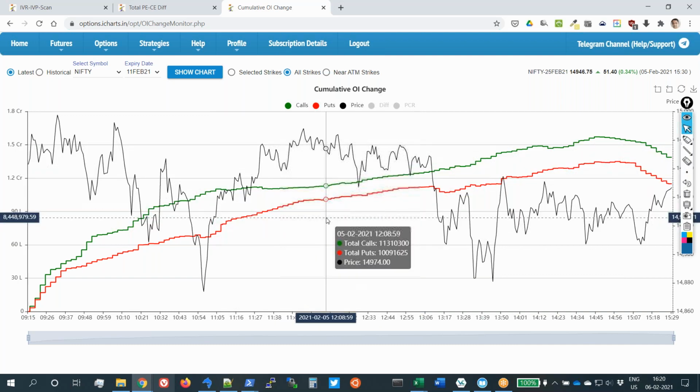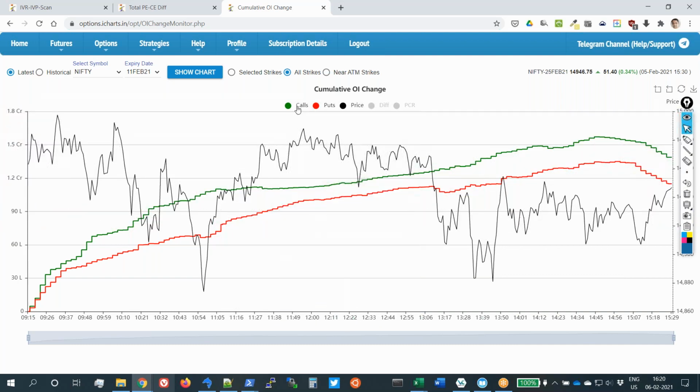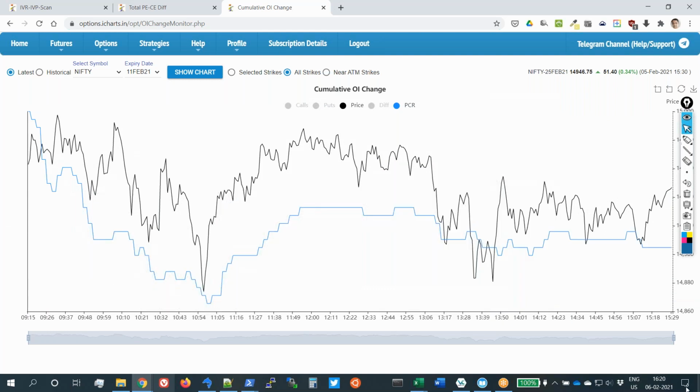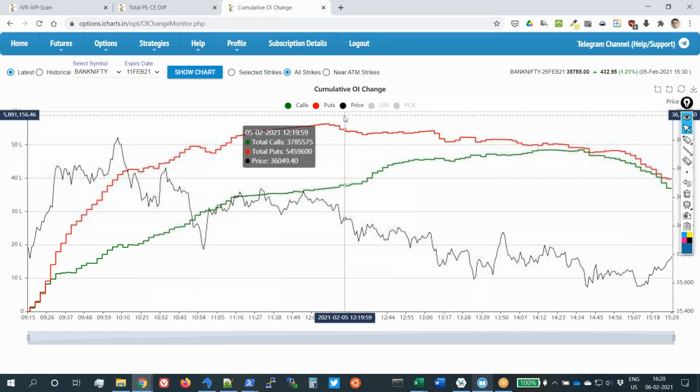The other key thing that I look for is I just turn off the PCR trend. Here, since the trend is not clear, whatever trades you can take, you can rely on this trend of this blue line, which is the PCR. For Bank Nifty, it would clearly tell you.